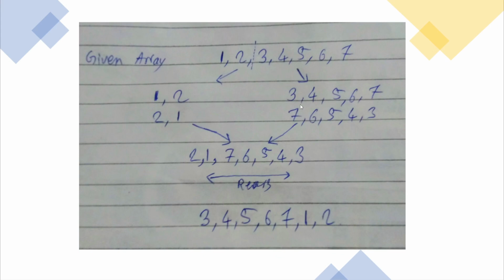For this we are going to take the start as 2 and end as 6, which have the values 3 and 7. So as we proceed, the first iteration of this while loop will have start equal to 2 and end equal to 6.